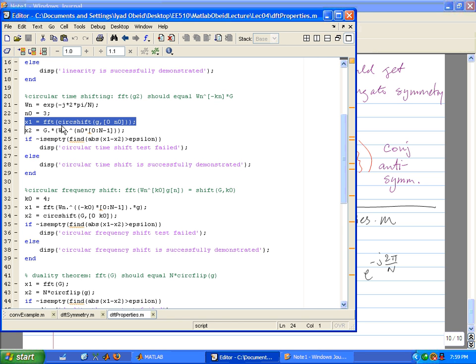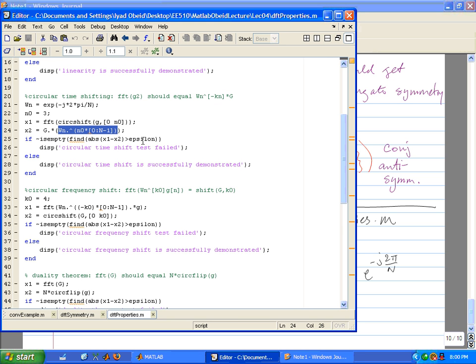And what table 5.3 tells me is that that should be the same as my original FFT times W sub N raised to the power of N0 times all my possible different values of K. So now I've got X1 and X2, and those should be the same.